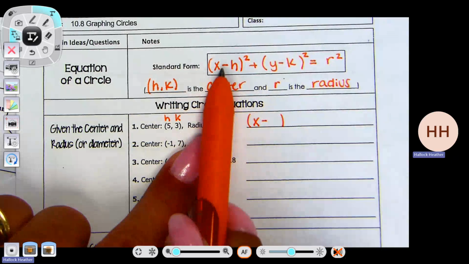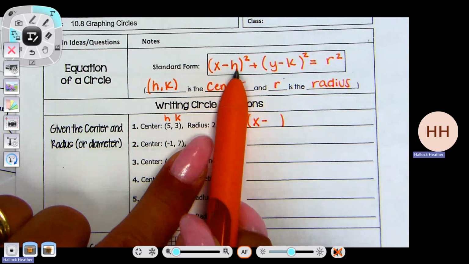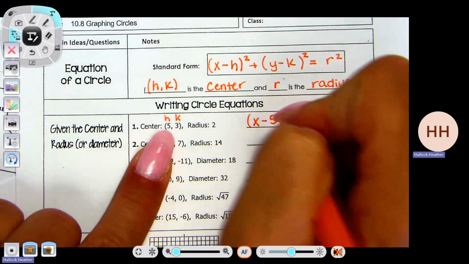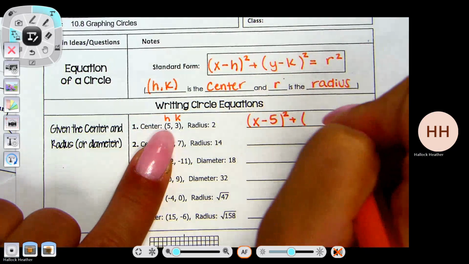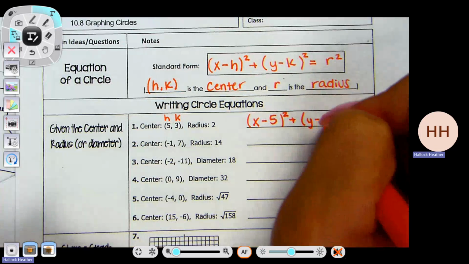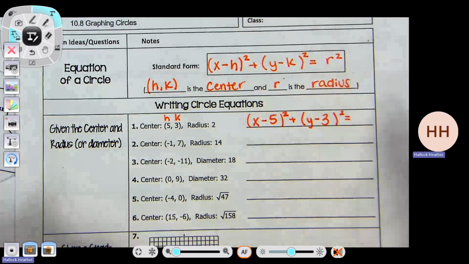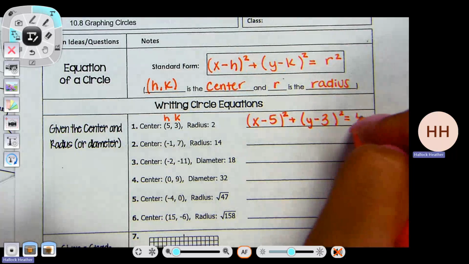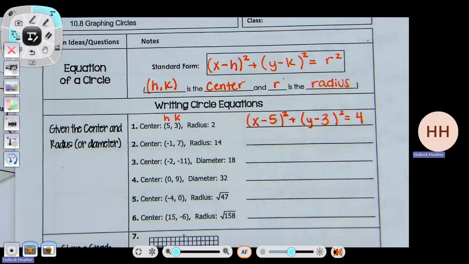I have a minus sign in the formula. What is my h? 5, squared, plus y minus what? 3 squared equals, your radius is 2. So what's 2 squared? 4. And voila, you're done.